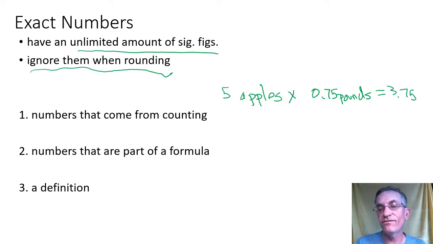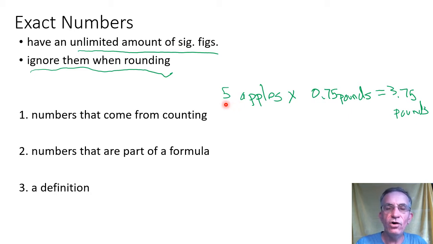Now, 3.75 pounds, which is fantastic. But hey, you're talking to a chemist, so I want that answer rounded based on sig figs. So how would you round that? Would you round that to 1 sig fig because the 5 only has 1 sig fig? Or would you round it to 2 because 0.75 has 2 sig figs? Well, the rule says if a number comes from counting, don't worry about it when you decide how many sig figs are in your answer.